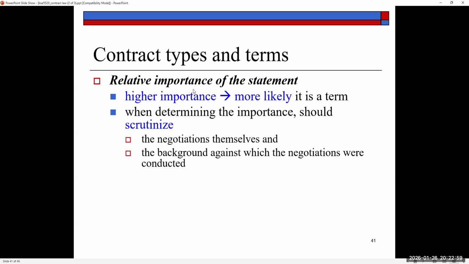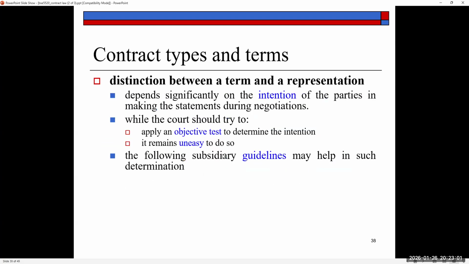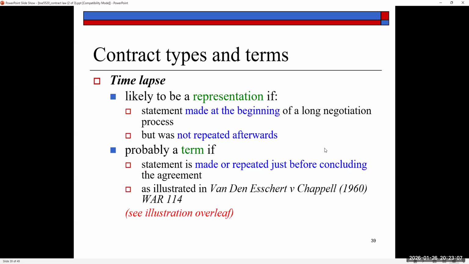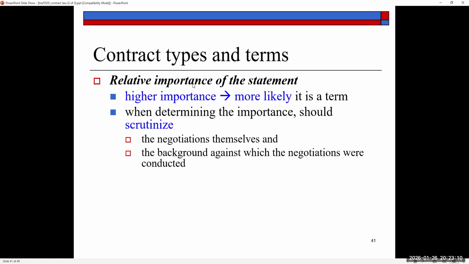So another principle or guideline, we are talking about the guidelines in deciding whether that is a term or representation, right? We look at the relative importance of the statement. The higher the importance, the more likely it is a term. So how to determine whether it's important or not important?